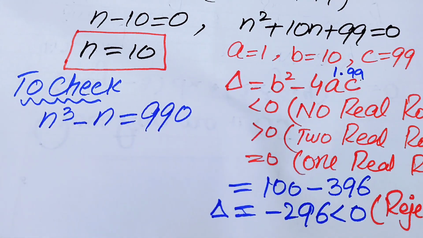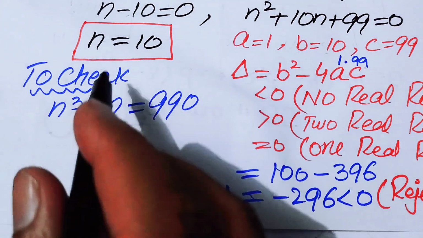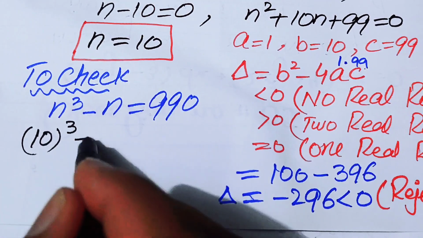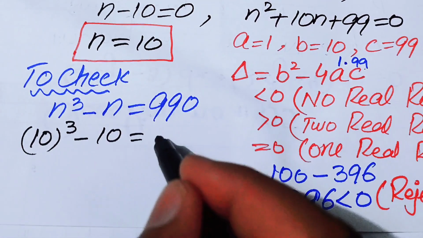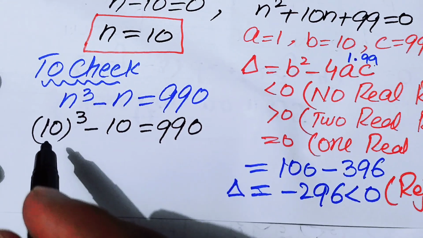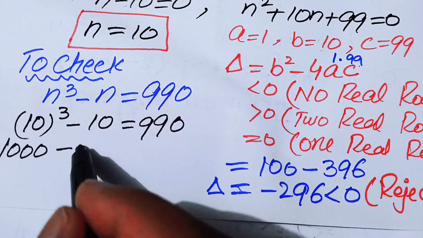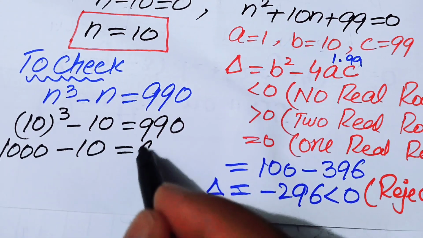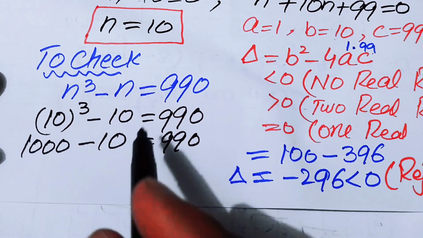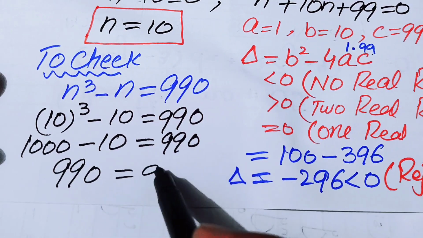So now we put the value of n in this equation. The value of n is 10, so it becomes 10 cubed minus 10. You know that 10 cubed is equal to 1000, and 1000 minus 10 is equal to 990.